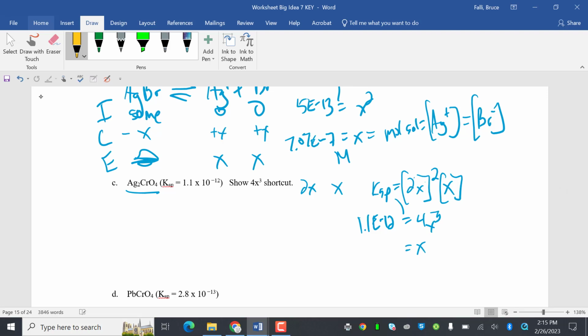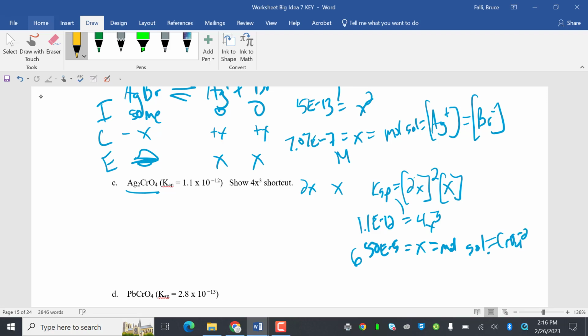I'm going to show you in a second the work that got me that. So 1.1 e negative 12 divided by 4, and then remember, I cube root by raising it to the quantity 1/3. And I get 6.50 e negative 5 equals molar solubility, and that's going to equal chromate.